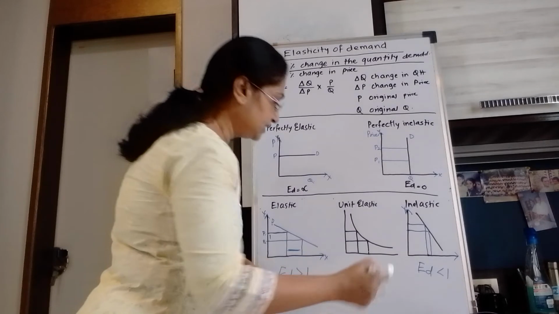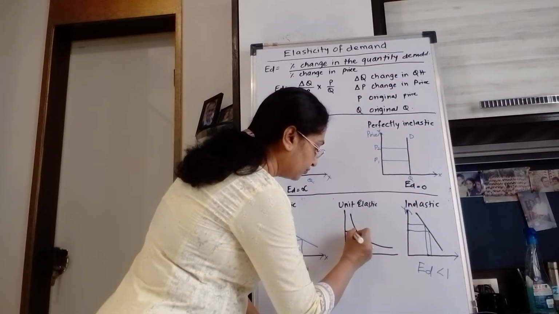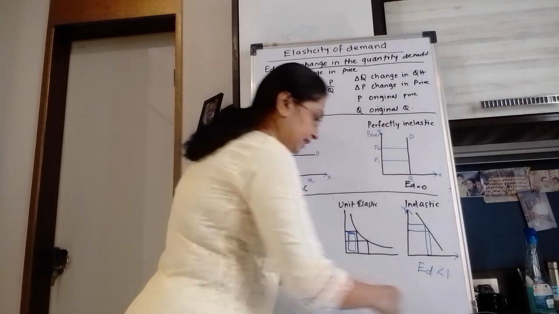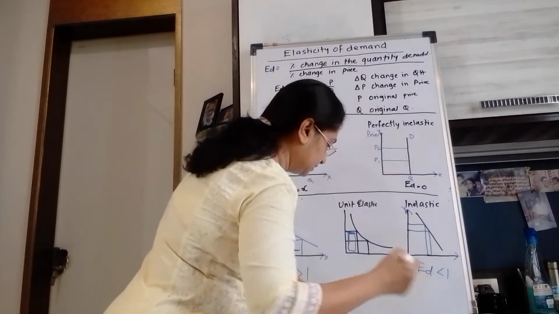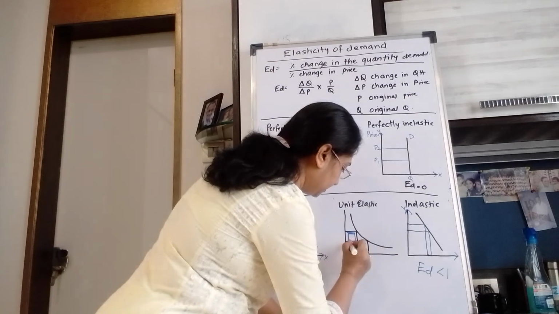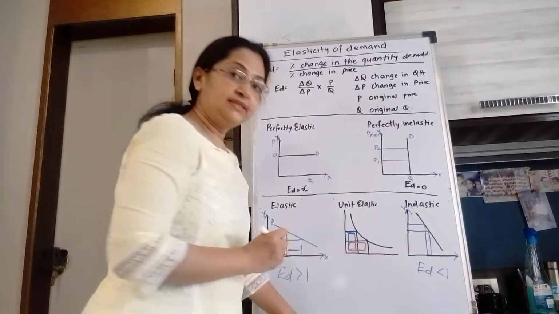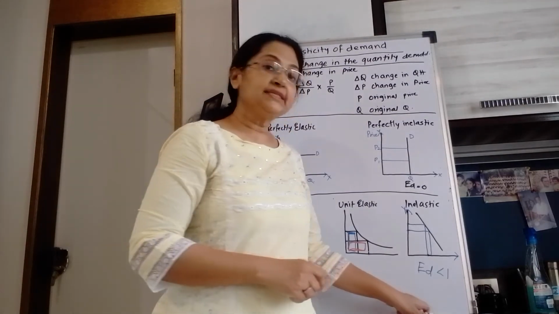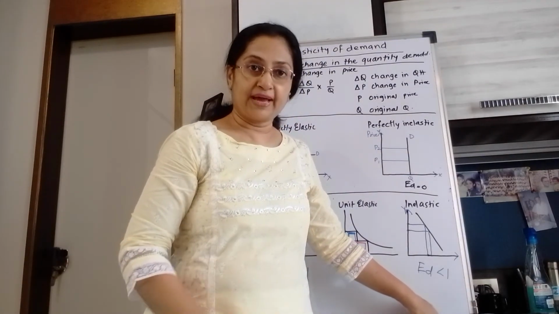For example, you can see the area of this particular rectangle and the area of this particular rectangle would be the same. This is a special feature of rectangular hyperbola, and it is equidistant from x and y axis.